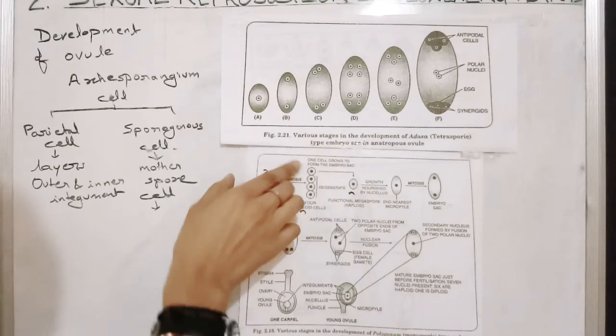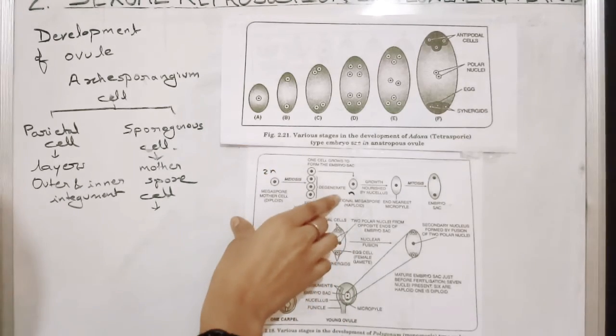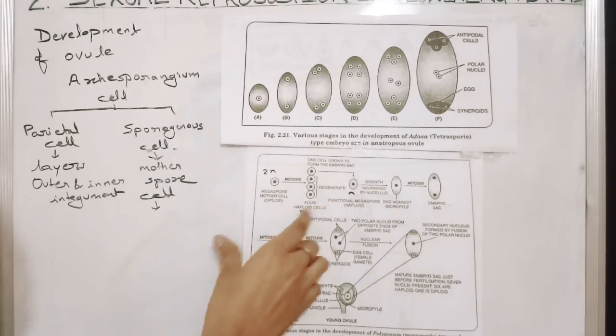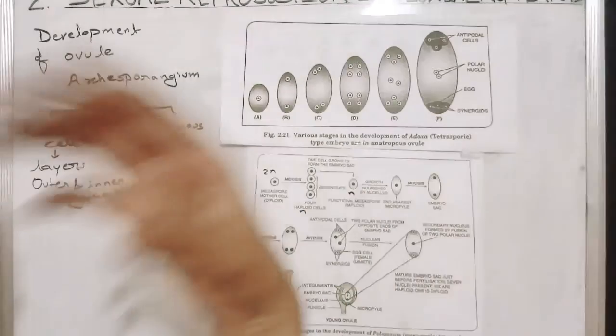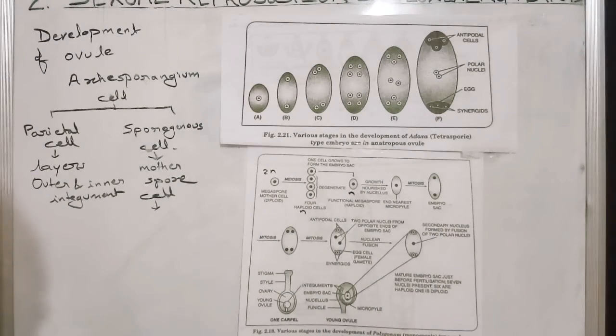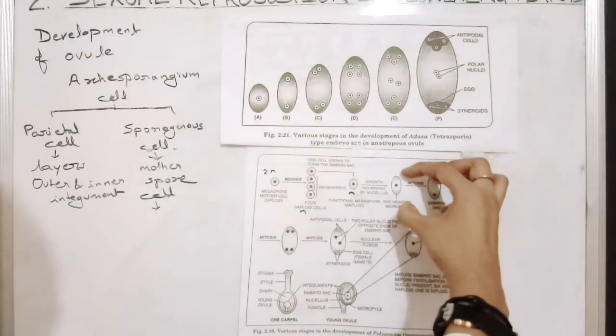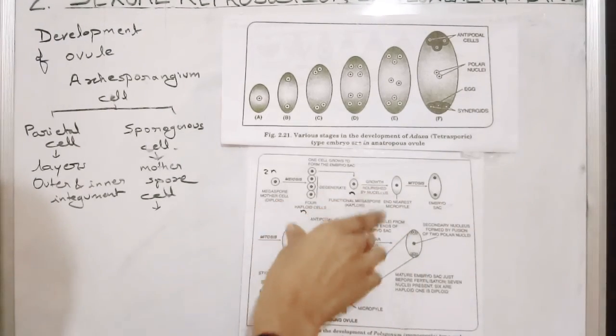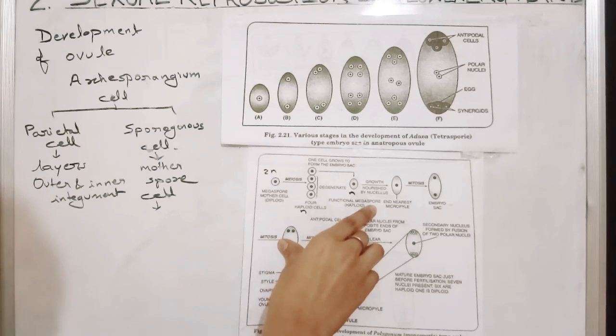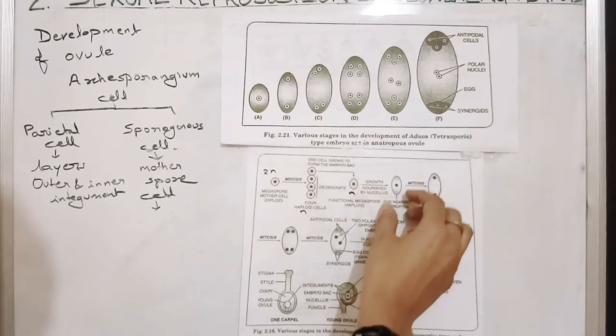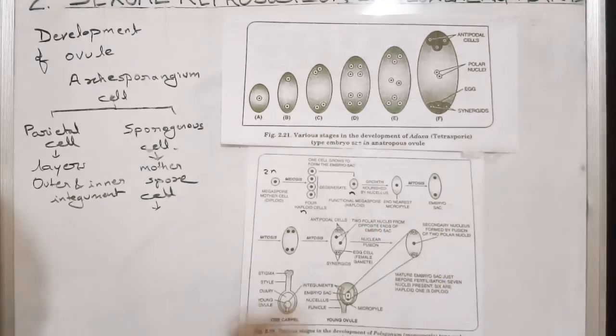This functional megaspore undergoes division. It gets nourishment from the nucleus and grows in size. This functional megaspore is then localized in the micropyle region.